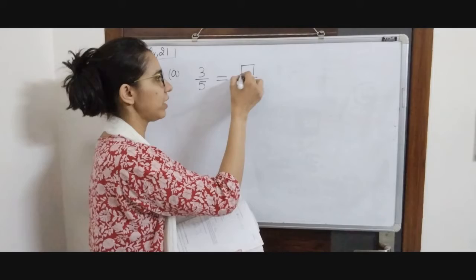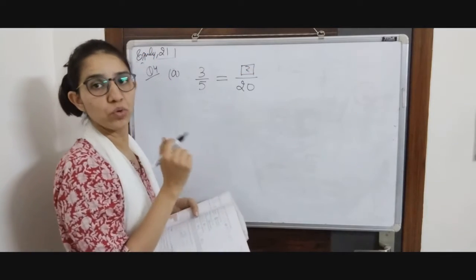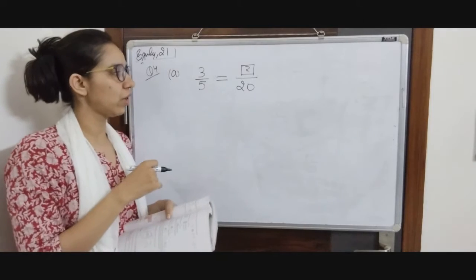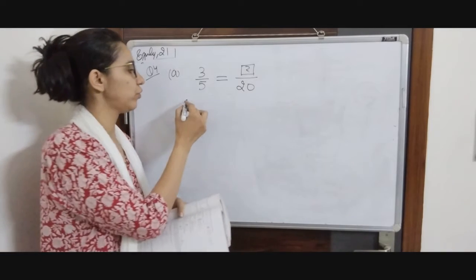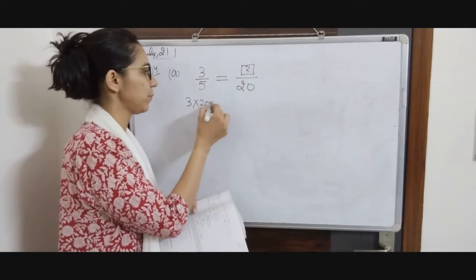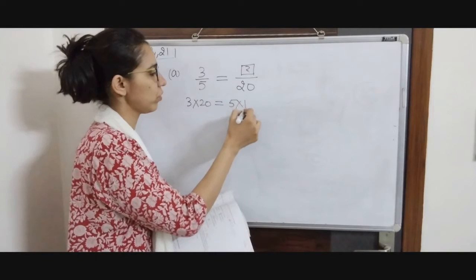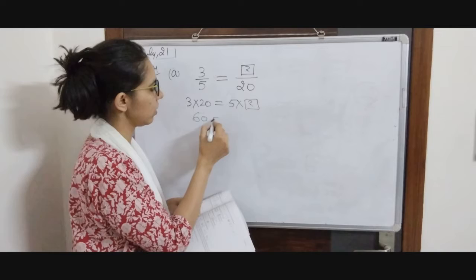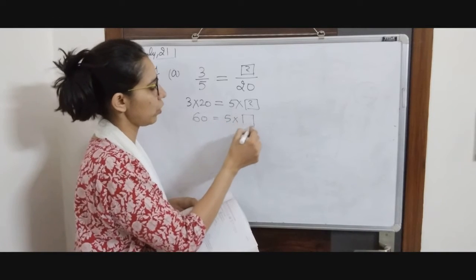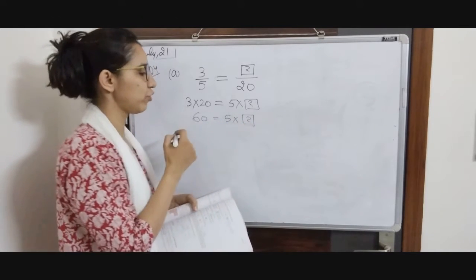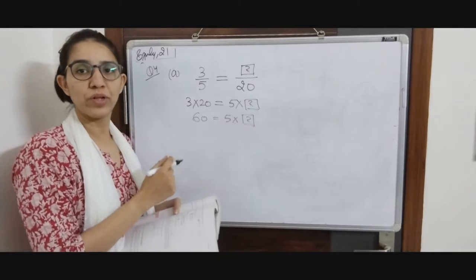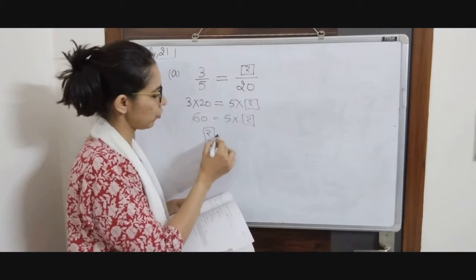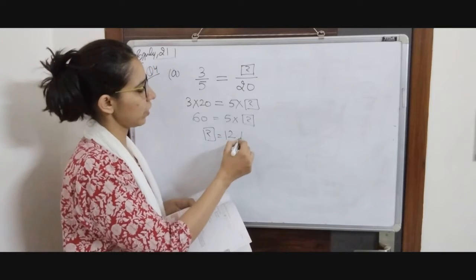So we have to find out this number. Okay. We are going to convert these statements into this box kind of questions, and then we are going to solve it. So 3 into 20 is going to be 5 into this unknown number. So this is 60 is equal to 5 into this unknown number. So by what number should 5 be multiplied to get this? You know that 12 5s is 60. So this number should be 12. Okay, this is the answer.